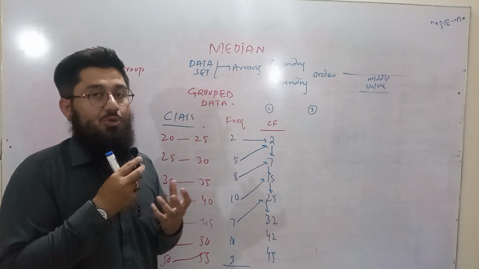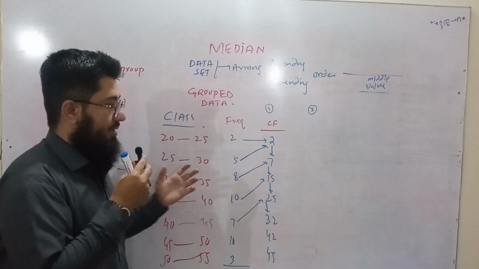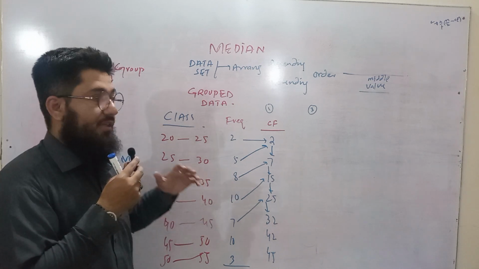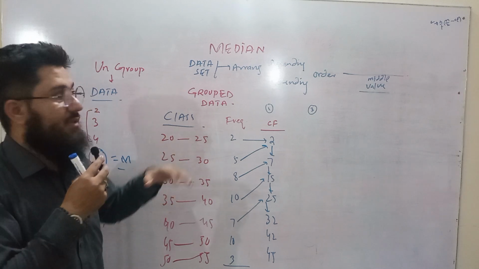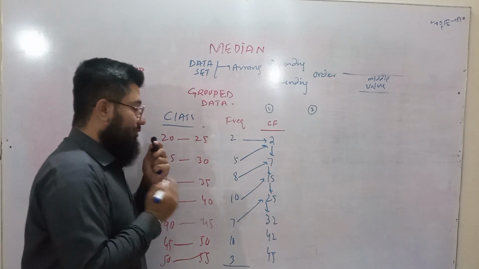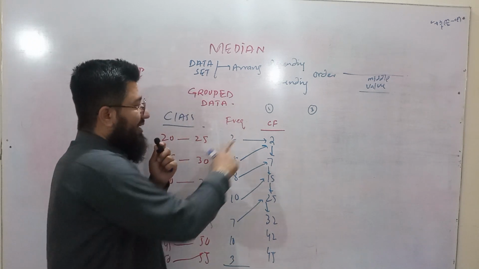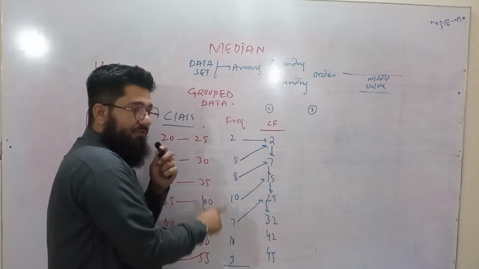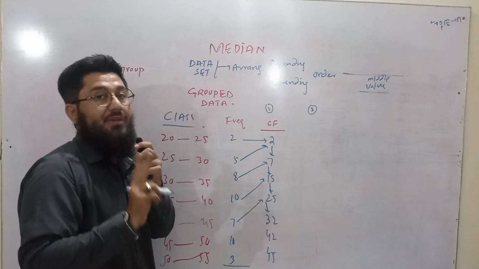Now, here you will get a particular point that is going to help you when you are solving this problem, that is finding the median of this group data. So what is that point? Whatever the cumulative frequency last value and the frequency summation are, you will get two similar values.